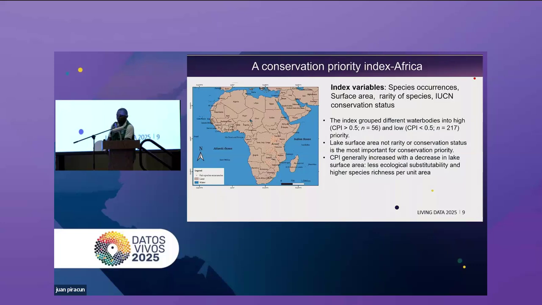But that one throws a challenge because some water bodies which are large and are known as very important for conservation are excluded by the index, meaning that we need more data in the water bodies which are large and possibly divide them into smaller segments when calculating the index.